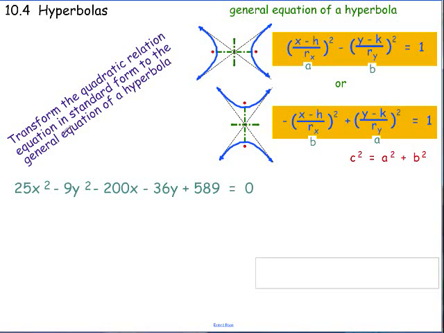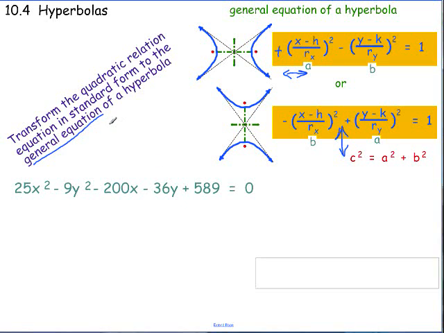We're going to put it in the general equation of a hyperbola. And the two forms that we have are right here, with this one being a horizontal transverse, and this one having a vertical transverse. Let's see what we've got here.